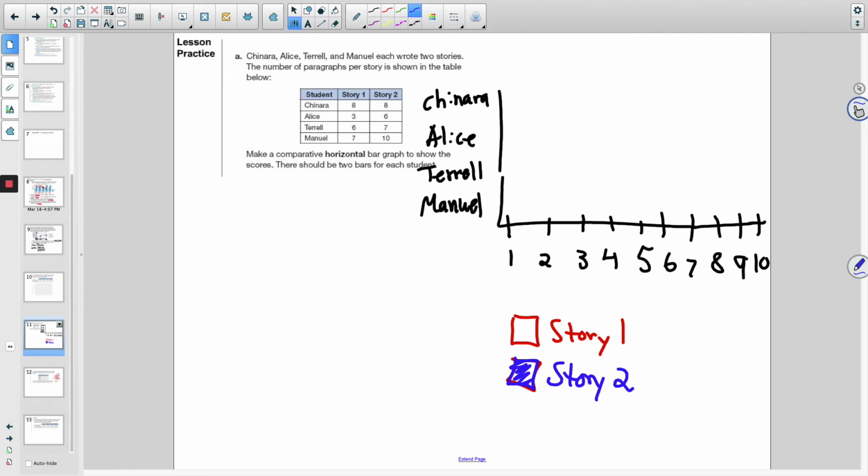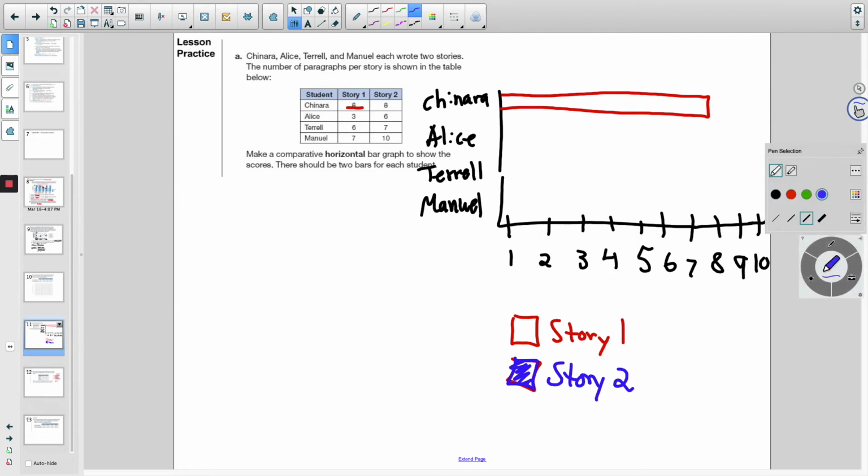So story 1, we have here, she had 8 for story 1, so I'm gonna go all the way up to 8. All right, and then story 2, she also had 8, so I'm gonna once again make it go all the way up to 8.